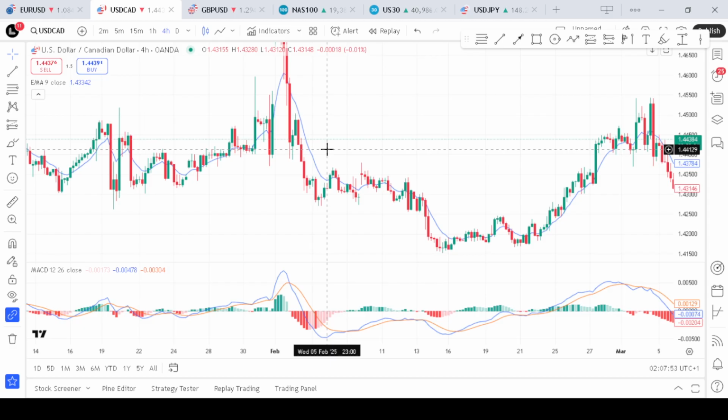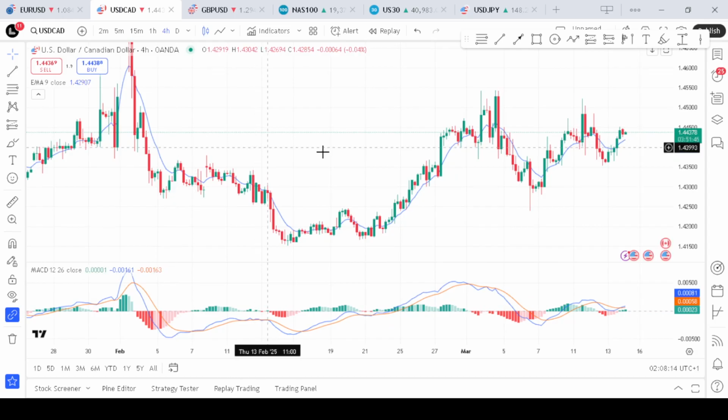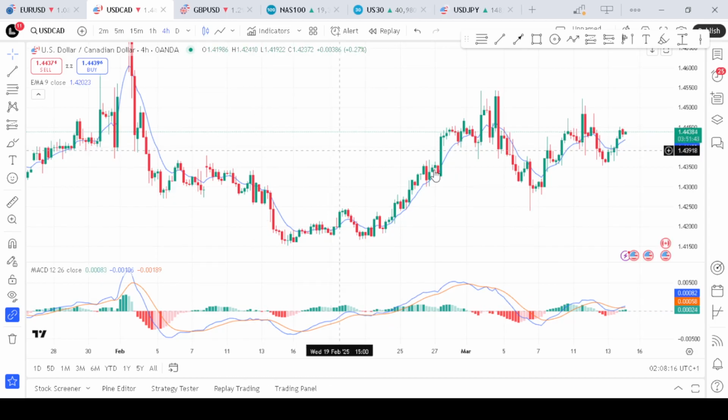For instance, the moving average is one of the most popular lagging indicators traders use. A moving average smooths out price data over a specific period, allowing you to clearly see the overall direction of the market. If the price consistently stays above the moving average, it means that we are in an uptrend.